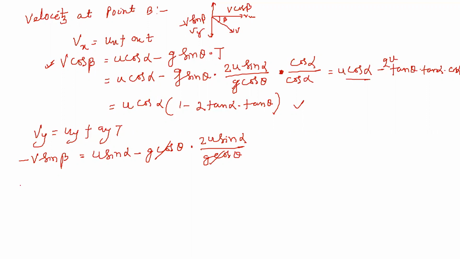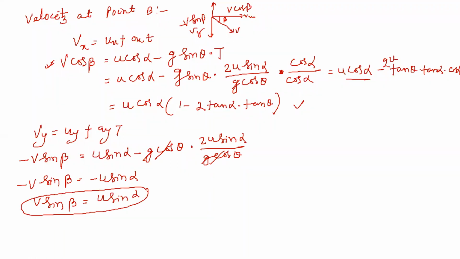So minus v sin beta is equal to u sin alpha minus 2u sin alpha, which is minus u sin alpha. Minus on both sides cancels. Then v sin beta is equal to u sin alpha. Correct? This is the expression we got for vy.